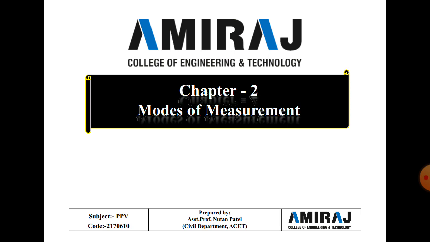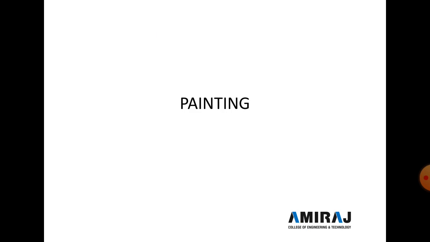In this chapter, in the subtopics, we discuss the modes of measurement, the minimum dimensions required for the measurement, and the unit in which the quantity is measured. So all of this discussion is done in the modes of measurement chapter. First we start with the topic of painting.